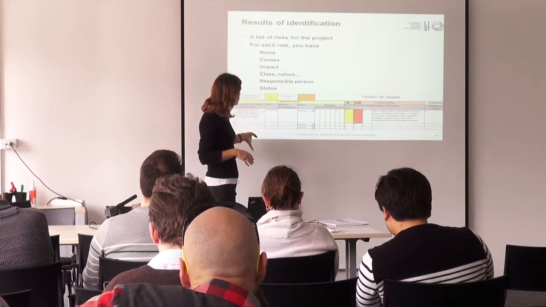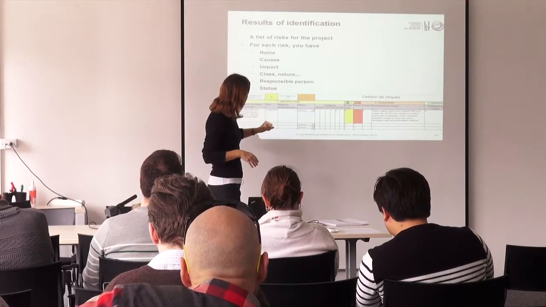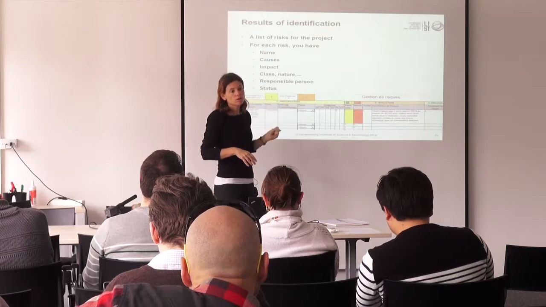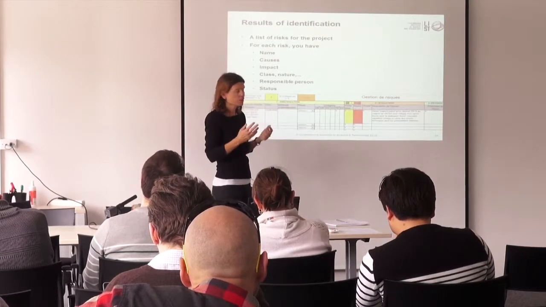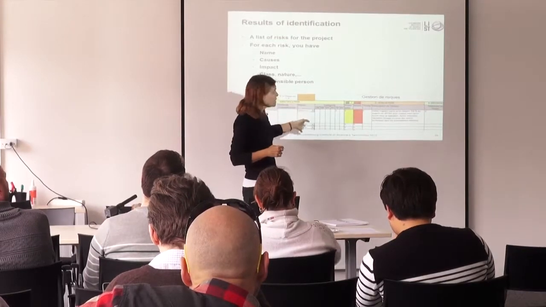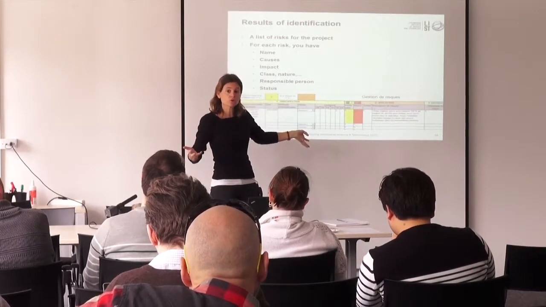So you have the description of the risk, when it was identified. You can even imagine identifying the method that you used to identify that risk, and the phase of the project where that risk could occur.